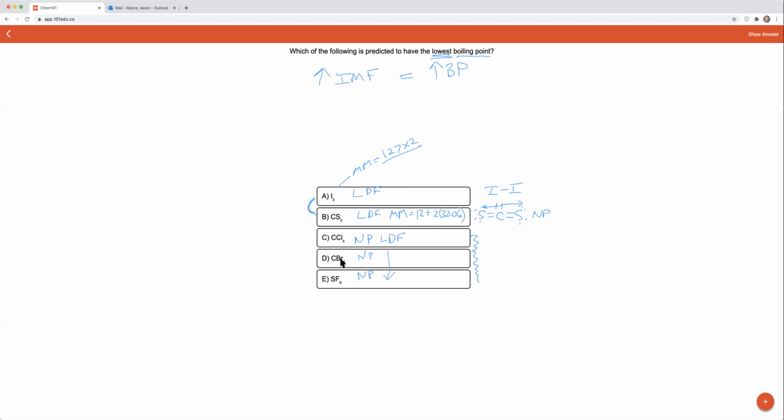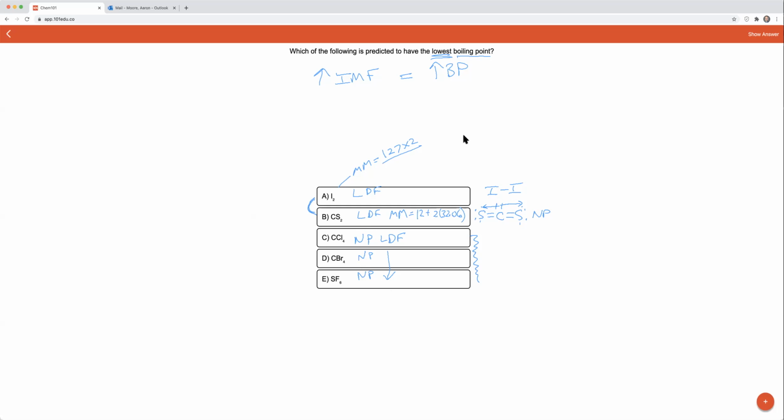If they were, they would have dipole-dipole intermolecular forces, and that would naturally give them a higher boiling point. But if you draw out the Lewis structures, you'll see that all of the polar bonds point in opposite directions and cancel each other out. Remember that with perfect symmetry, like this perfect tetrahedron and this perfect octahedron, all of the bond dipoles cancel each other out, and you end up with nonpolar molecules. So they only have London dispersion forces.